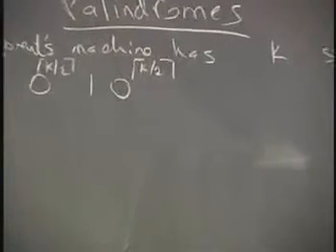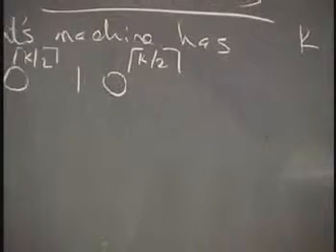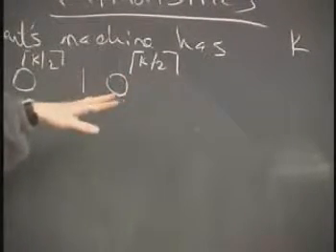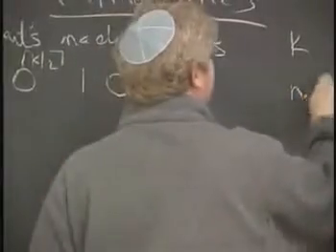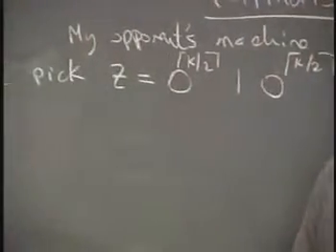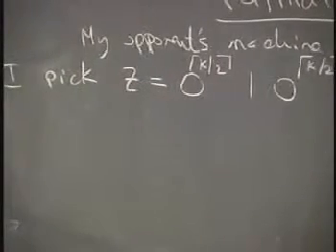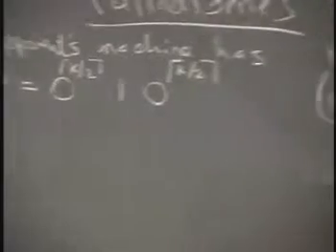So I pick z equal to this. And I know it, I should make a little comment on the side. Note, z is in L. That is, it's a palindrome. Latin for running backwards.